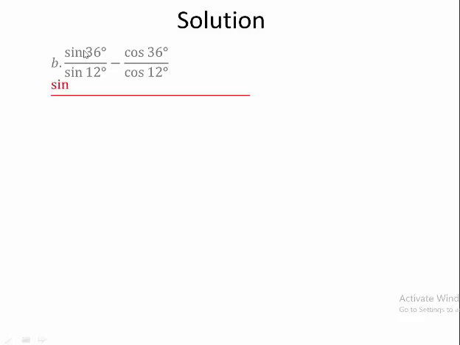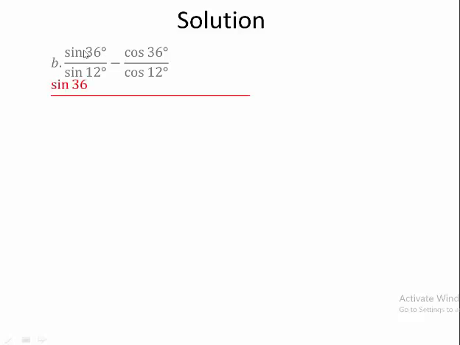Let's carry on though to the next question, B. The solution for B is that we have two fractions, where you have sin 36 over sin 12, all that minus cos 36 over cos 12. The first thing you need to do here is to come up with your lowest common denominator.